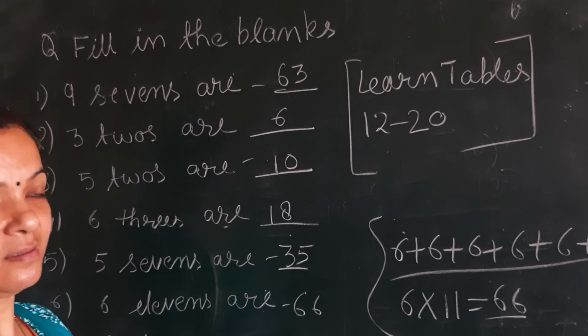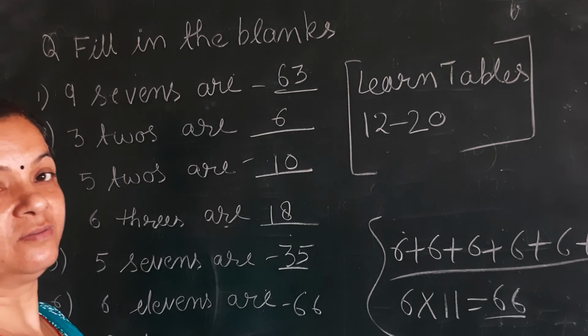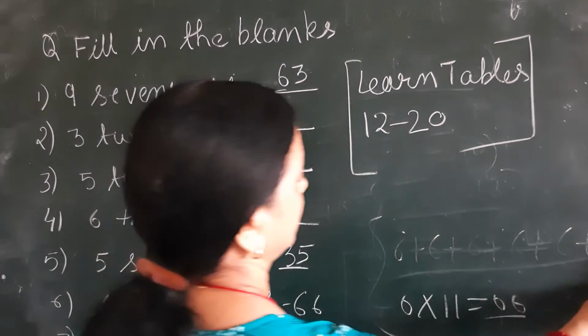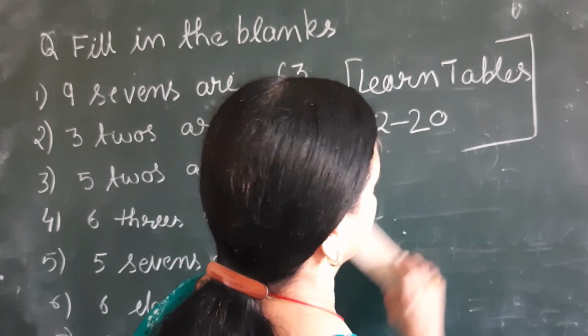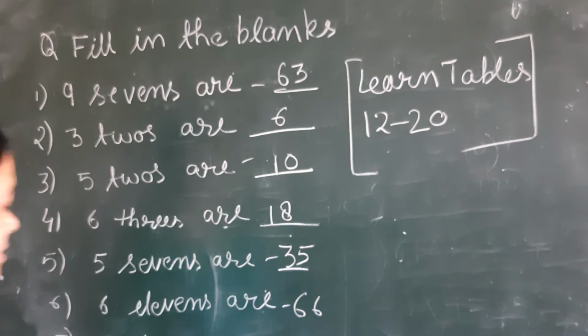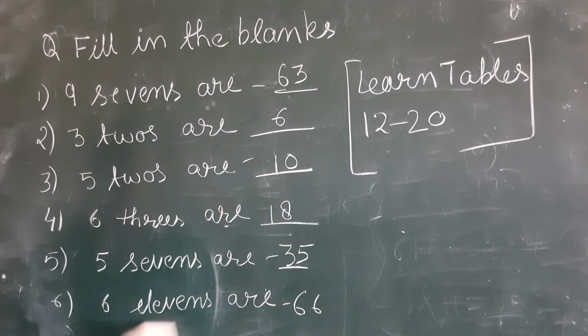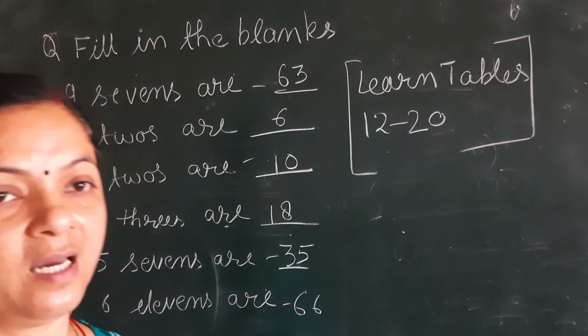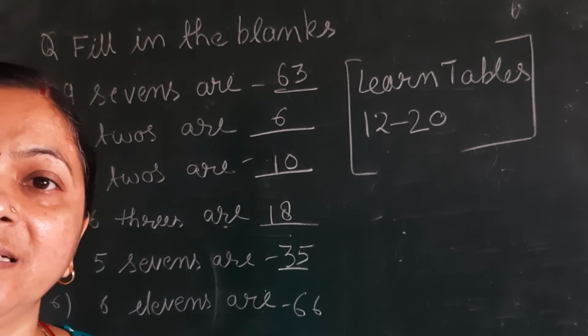I'll give this homework in your worksheet also, but every time I tell you to learn the tables. Okay, student. So this much we have studied today. Let's continue in our next class.